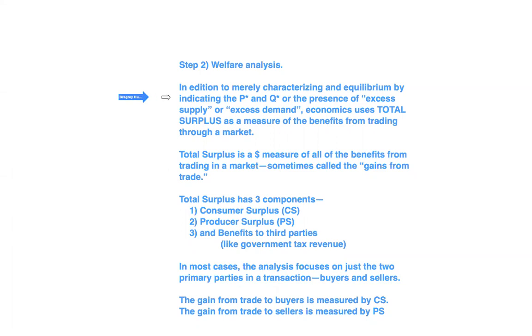Or the other type of equilibrium we talked about was some sort of price control policy, where you might have a price that's mandated by the government, and then you could characterize the resulting market outcome as an excess supply or an excess demand. But in addition to that, we use this concept of total surplus as a measure of the benefits from trading through a market.